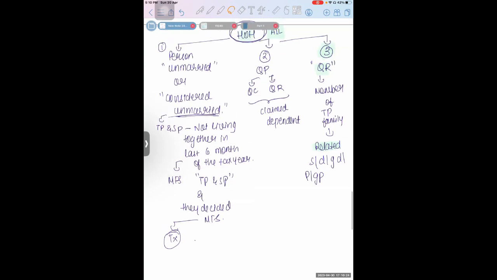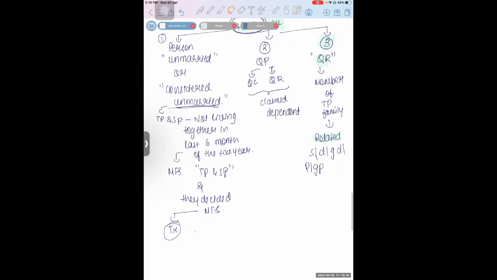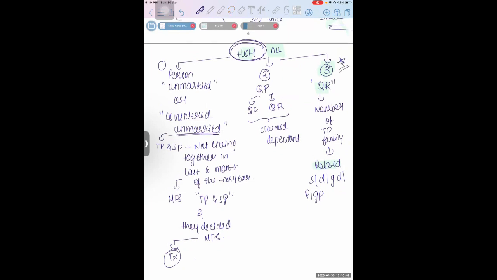You can claim your parent as a relative and as a dependent, and due to that, you can go for HOH status. Got it, guys? Here the third condition is important. If any other person is there, that person should be your family member.